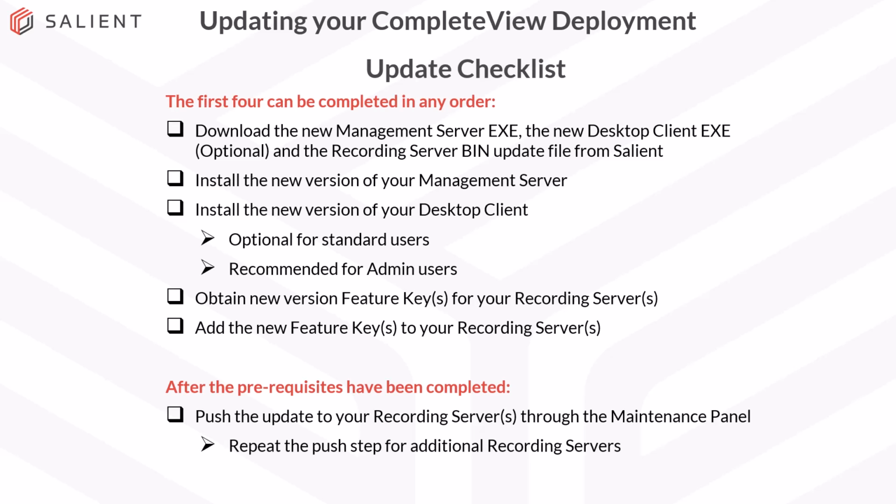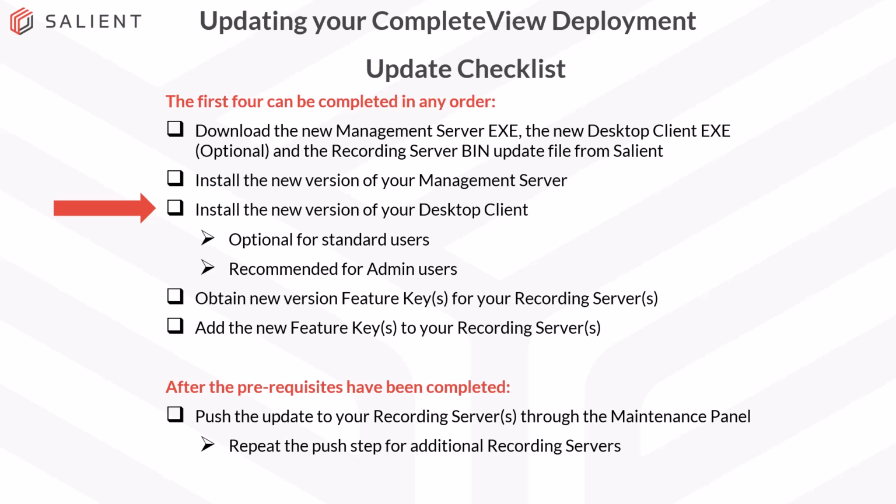Now, the checklist for updating your servers is short, and the first few steps can be completed in any order, but they need to be done before you push out updates to your recording servers. The first steps include downloading the update files and updating your management server to the new version. Then you'll update to the new version of the desktop client.